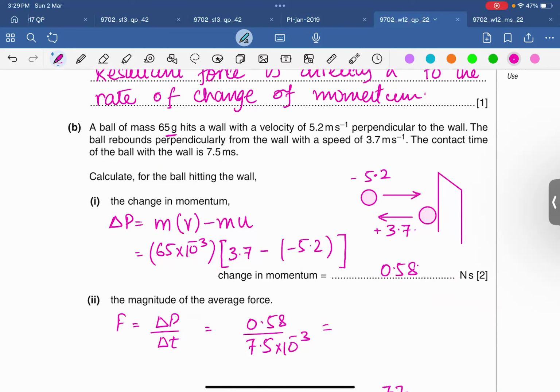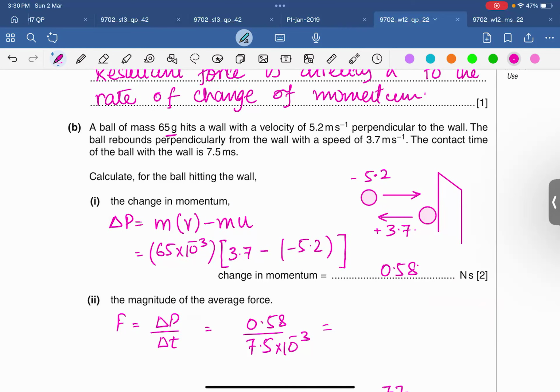Any idea? Inelastic because of different speeds. Very good. Because the kinetic energy is related to the speed, and the speed of separation and speed of approach is also related to the speed. So you directly have to look at the speed of approach and the speed of separation.